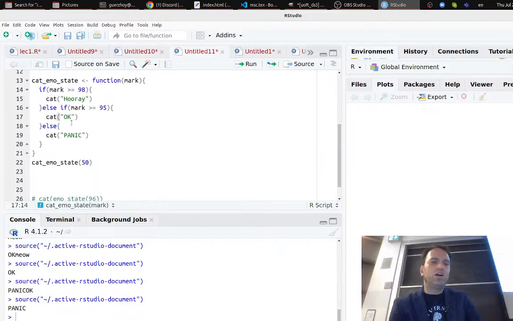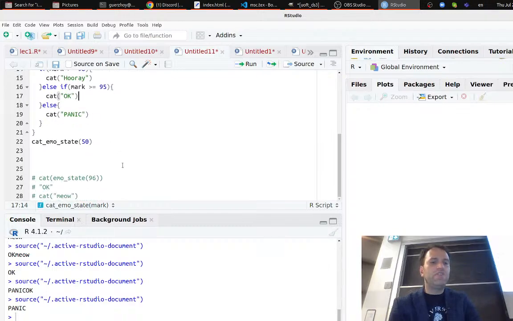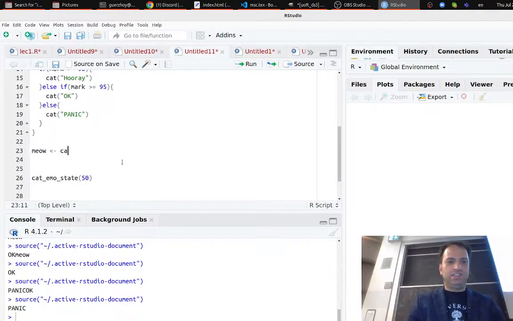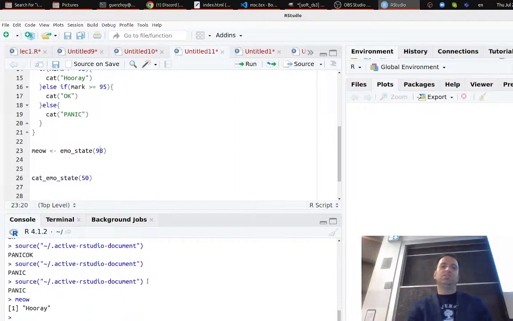So there are other implications here. If I say meow is emo state, something like that, if I run this and then I say what's meow, meow is going to be hooray. Why is that?